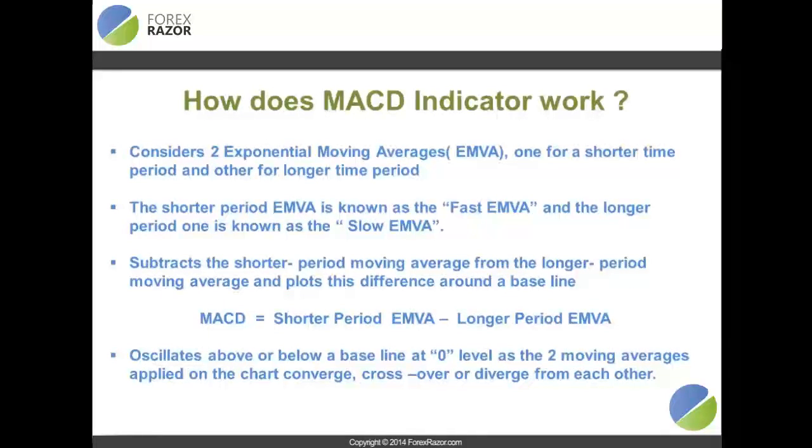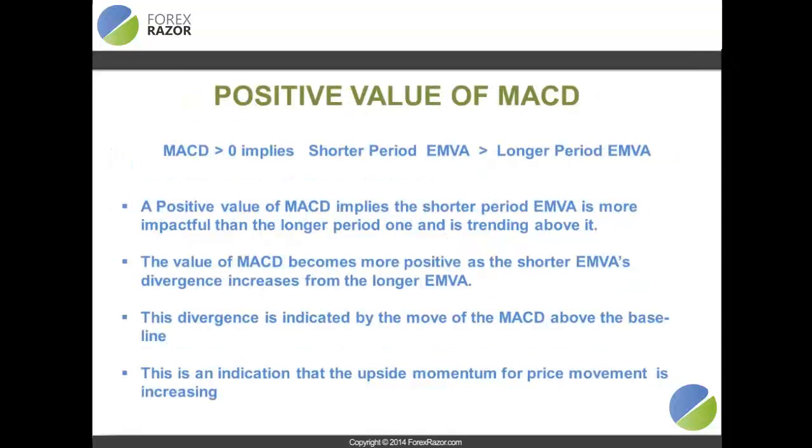Then, based on the value of this difference between the two moving averages, it oscillates above or below this 0 baseline as the two moving averages which have been applied on the chart converge, diverge, or cross over each other. Since the MACD is the value of the difference between the two moving averages, it can either be positive or negative.